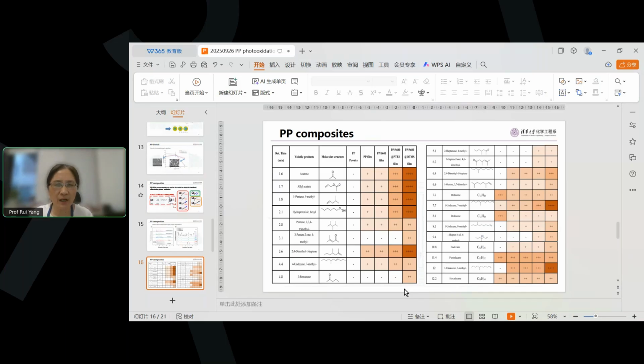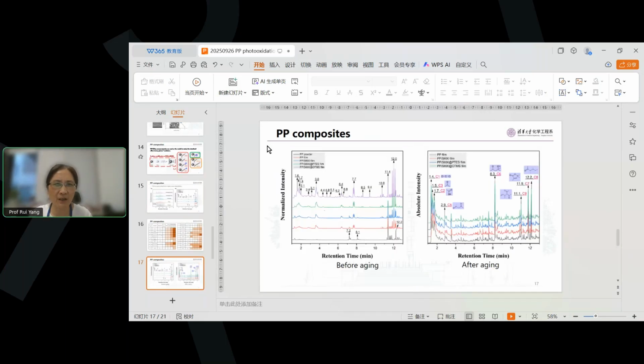So we studied the oxidation products of PP composites. This is before aging, and this is after aging. We can find that after aging, a lot more degradation products appeared.